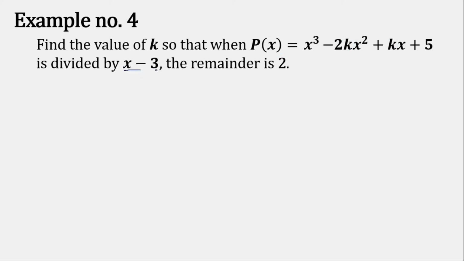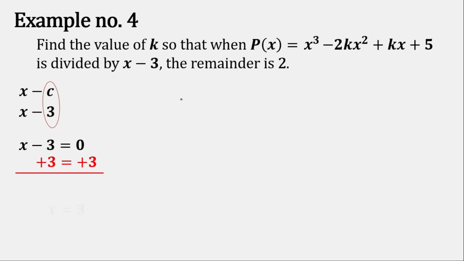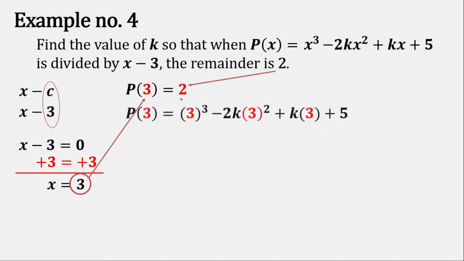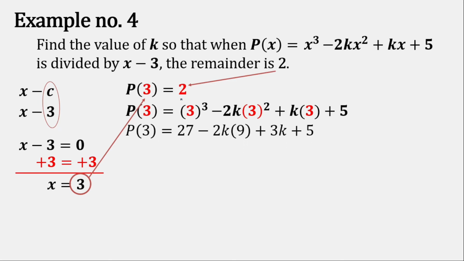Now let's try to find the value of c first, and that would be positive 3. Now remember that when we substitute 3 to the value of x, the remainder would be 2. So that's in the given. So now let's substitute 3 to our polynomial, and we can evaluate this equation.